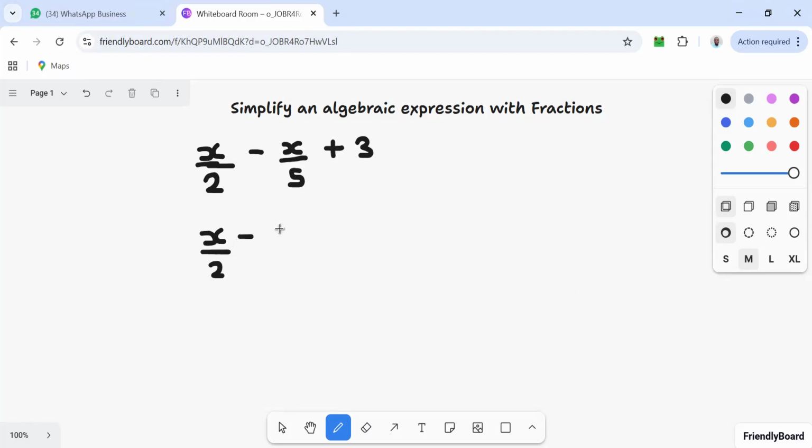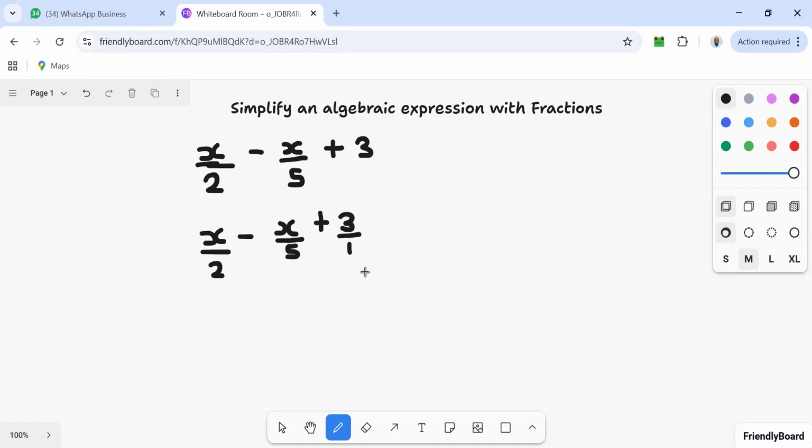So this becomes x over 2 minus x over 5 plus 3 over 1. So 3 as a fraction is 3 over 1. Okay, and then I look for my LCD.